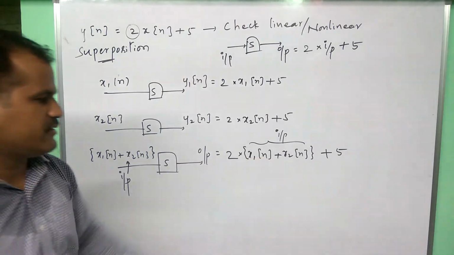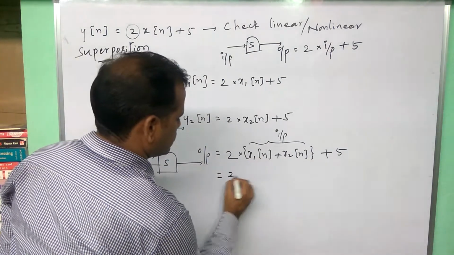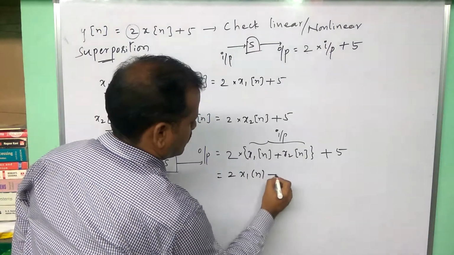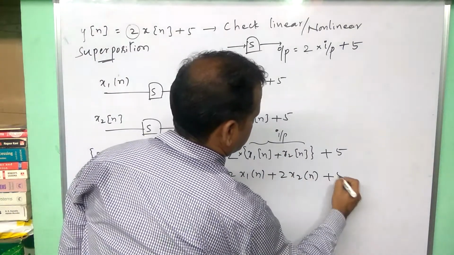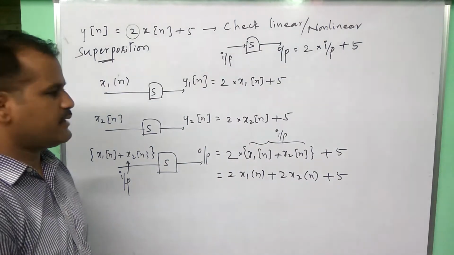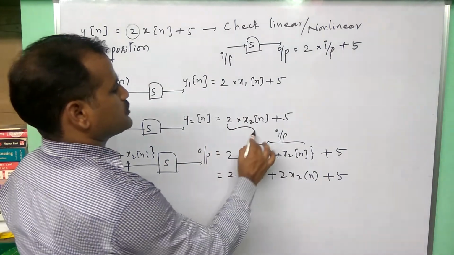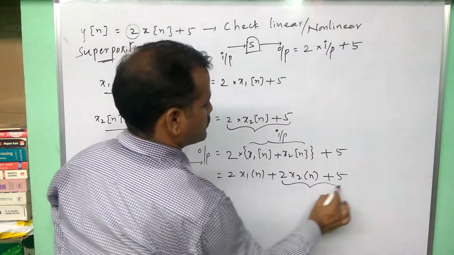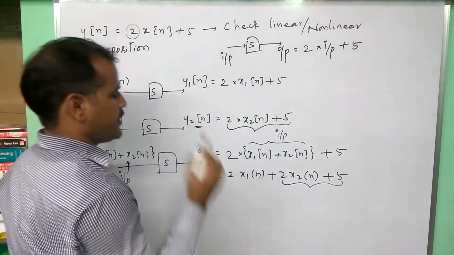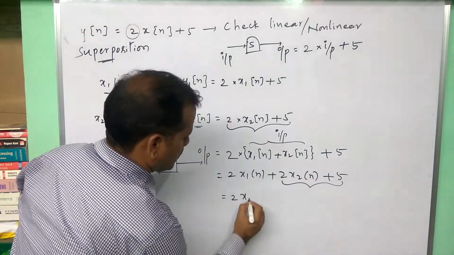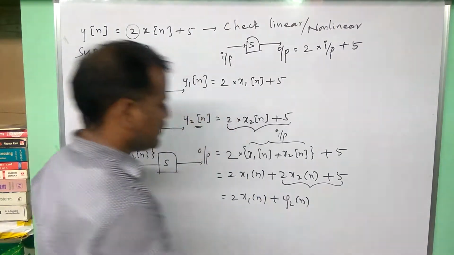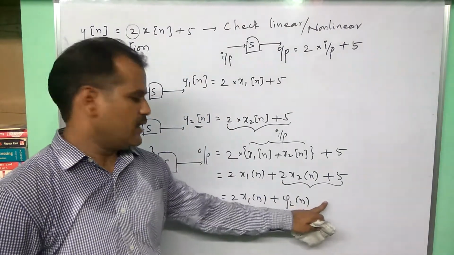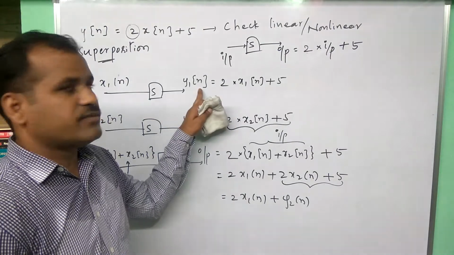Now let us manipulate this expression. This is 2 into x1 of n plus 2 into x2 of n plus 5. That means 2 into x1 of n plus 5, and 2 into x2 of n plus 5. This is y2 of n, but there is no extra 5 to write this one as y1 of n.